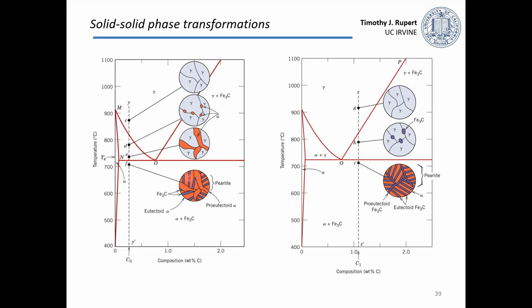Those blue and orange stripes, those are that perlite that we mentioned. And that region right here, you could call this some primary alpha, but a more common name is pro-eutectoid alpha. It means the alpha that formed before we went through that eutectoid composition.